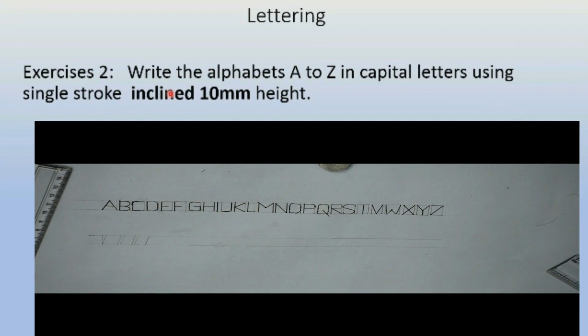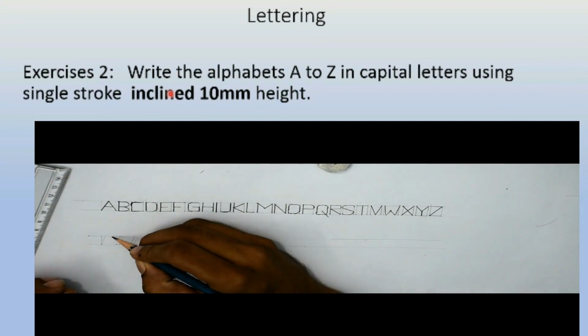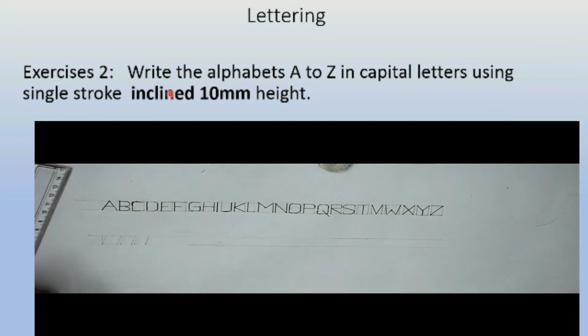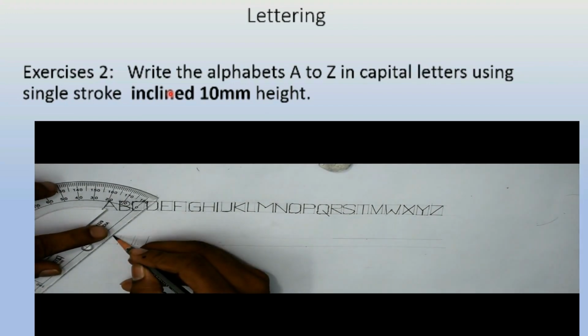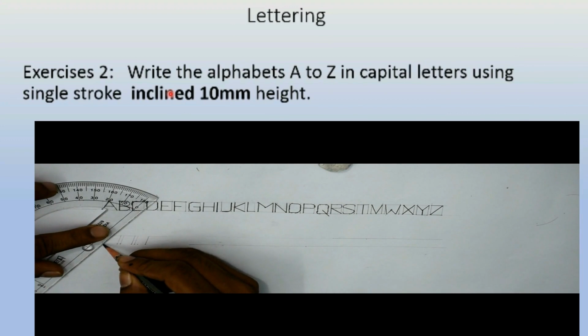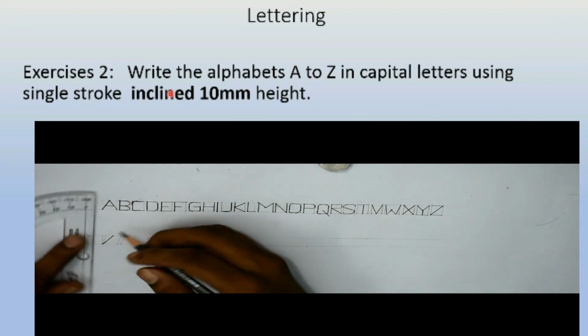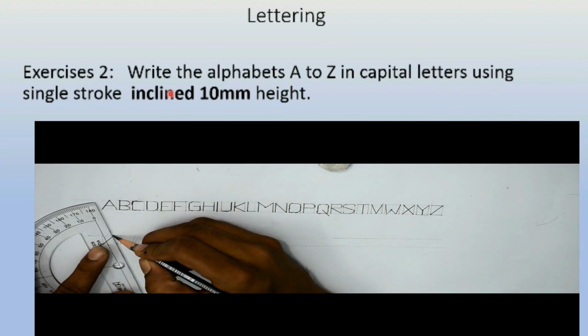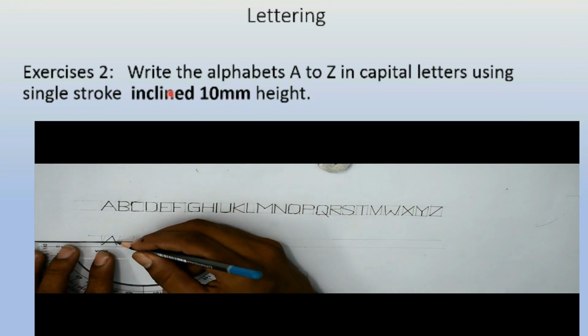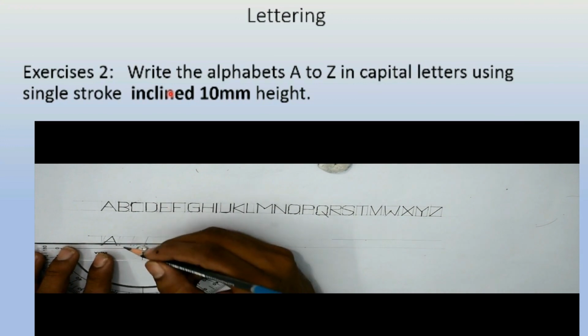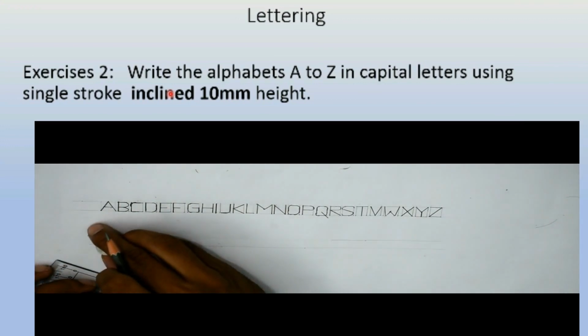Now I will draw the letter A first. So this is our letter A.